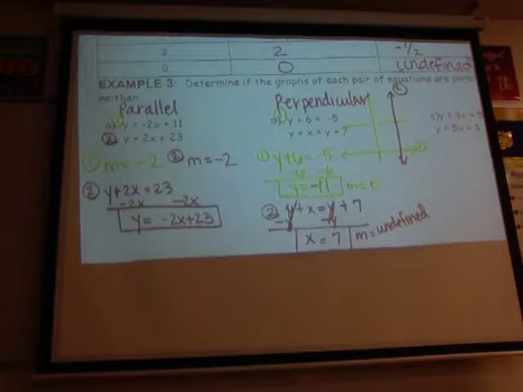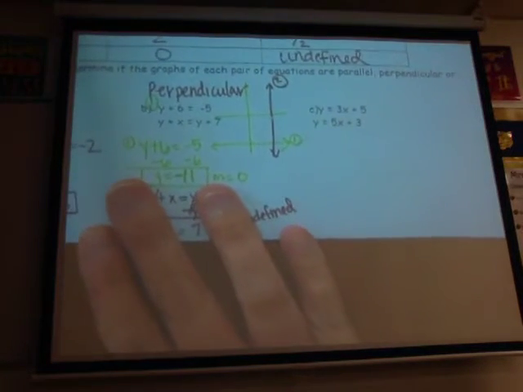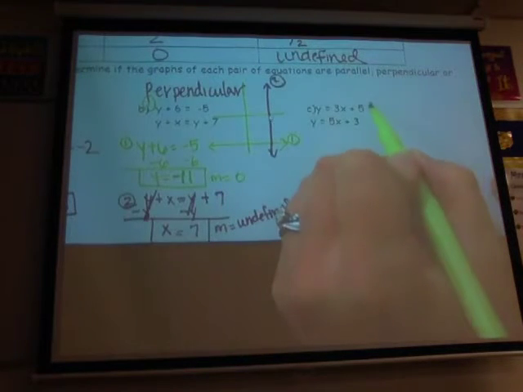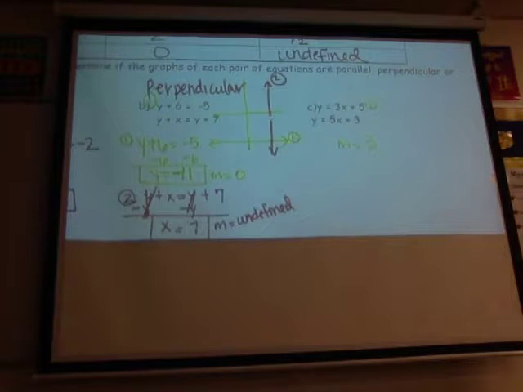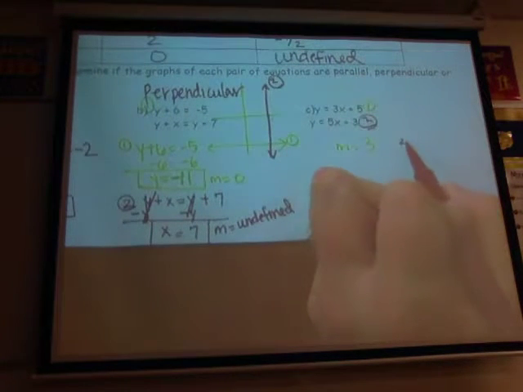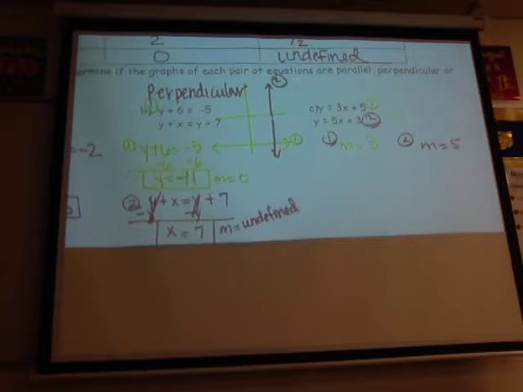On C, do I have to solve for anything on C? No. It's already solved for you. So on C, our first equation, what's my slope? 3. My second equation, my slope is what? 5. So is 3 and 5 parallel, perpendicular, or not related?